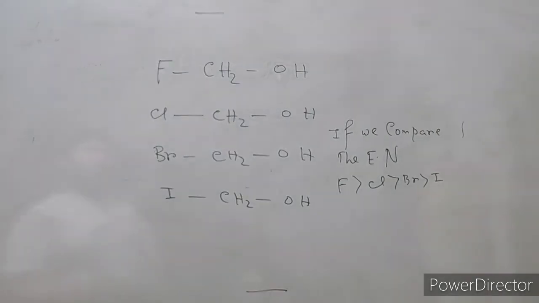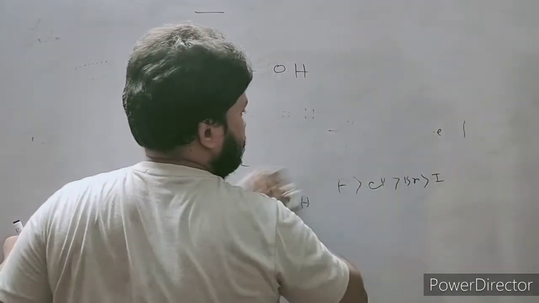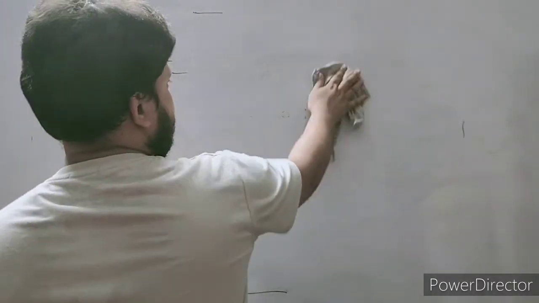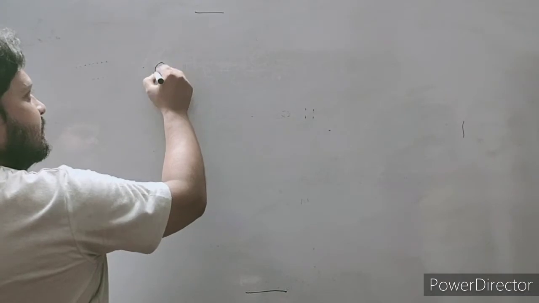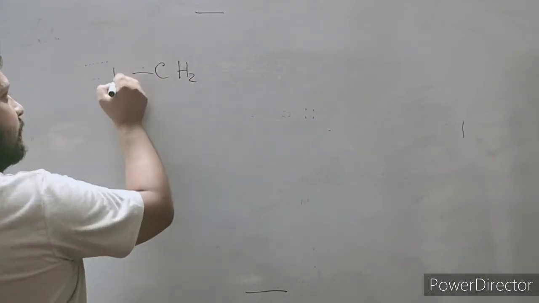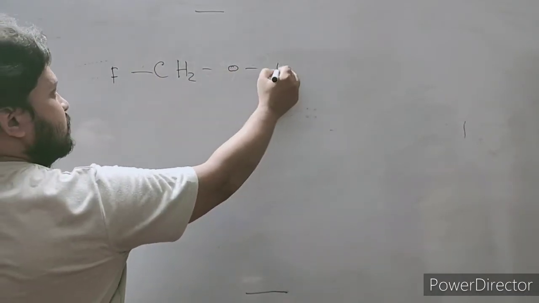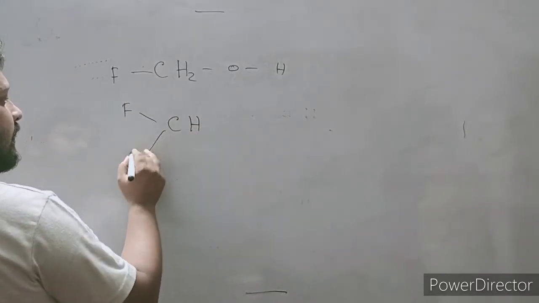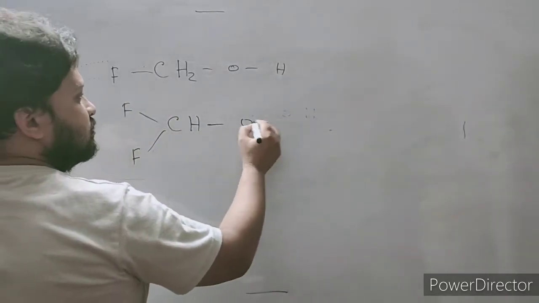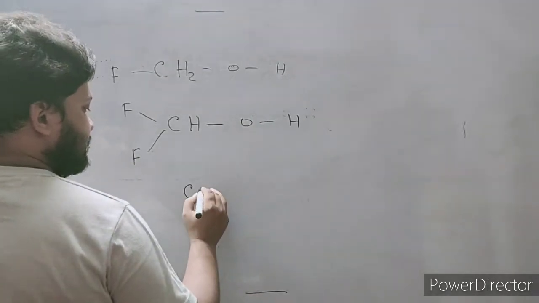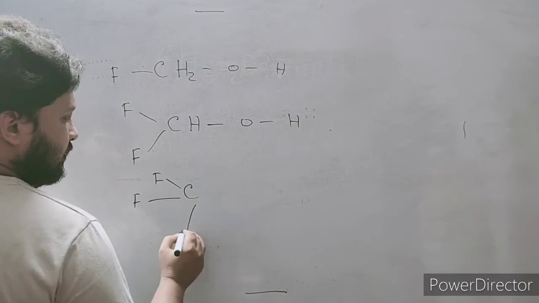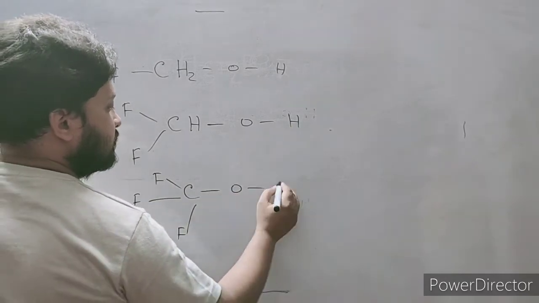Okay. Now take another example. This is CH2F OH, this is CHF2 OH, and this is CF3 OH, the third one.